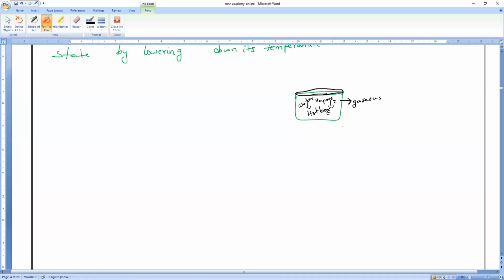Gaseous state. Now, like when hot air from our mouth touches the mirror, it condenses into what state? Everybody, it condenses into liquid state.